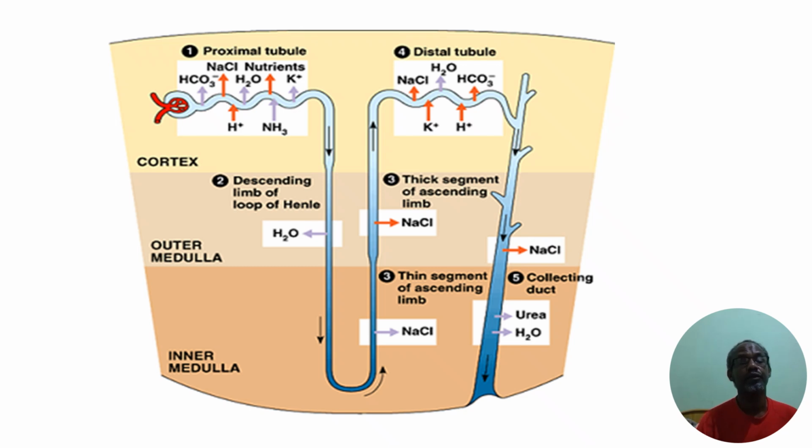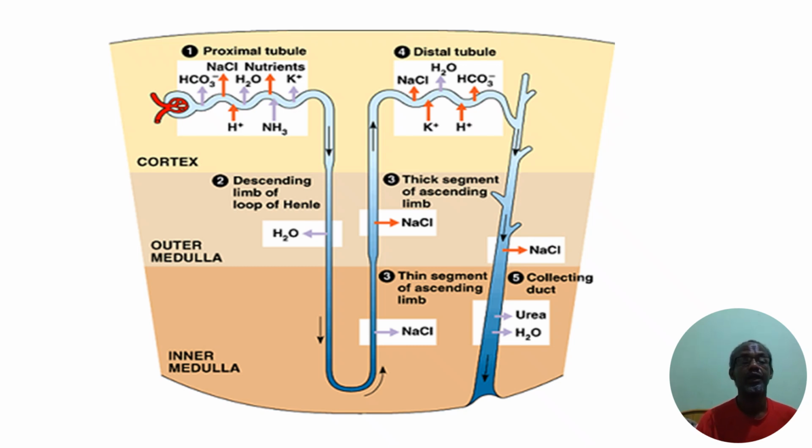Then the loop of Henle, most of the collecting duct, of course the proximal convoluted tubule, the very small portion of the first part of the loop of Henle, and the distal convoluted tubule are all found in the cortex of the kidney. The collecting duct's maximum part is in the medulla, the inner part. We may divide it into outer medulla and inner medulla.